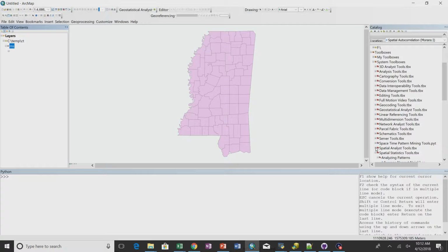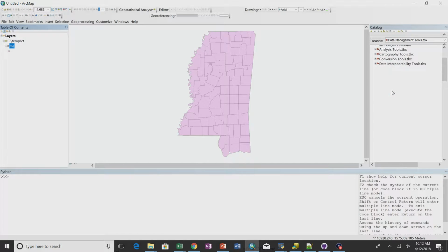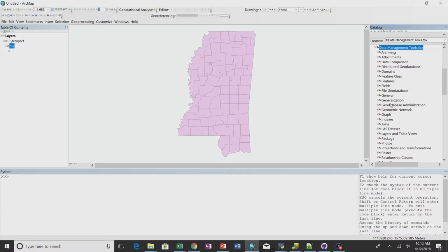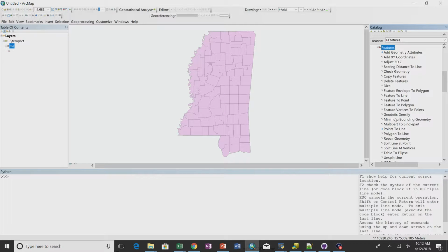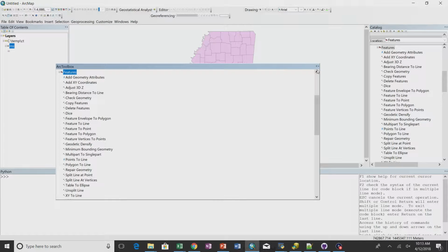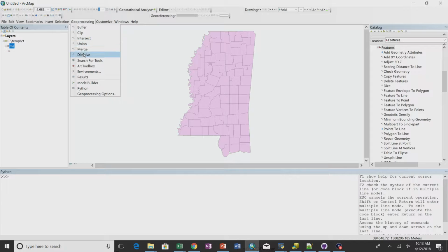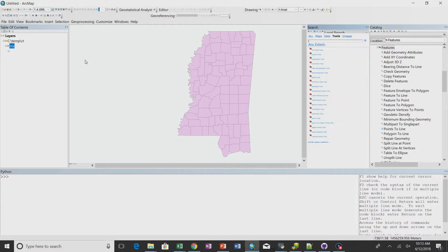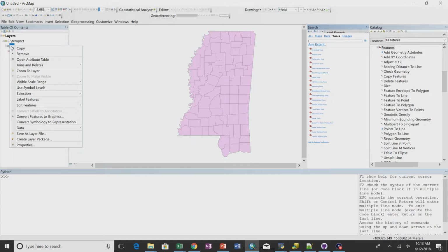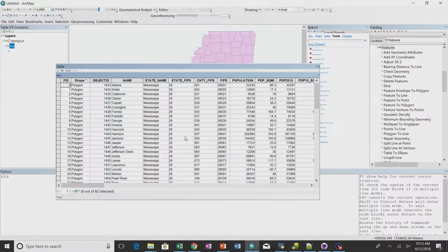That's in data management, and it's under features, I think. Yeah, I'm just going to have to search for it. Geoprocessing, search for tools. Oh, actually, before we get any further, I got ahead of myself.